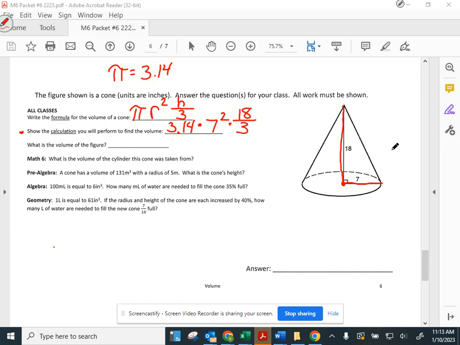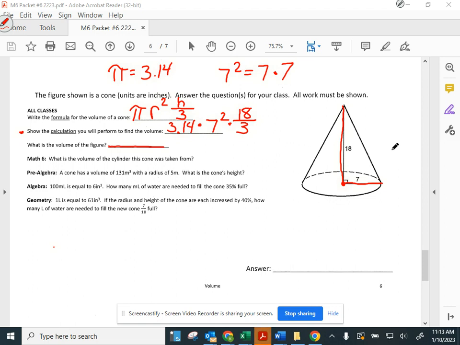Remember, when we square, we are multiplying it by itself. It is not 7 times 2, it would be 7 times 7. So you're going to do this math, 3.14 times 7 squared times 18 divided by 3. And the answer that you get, you're going to put right on this line.